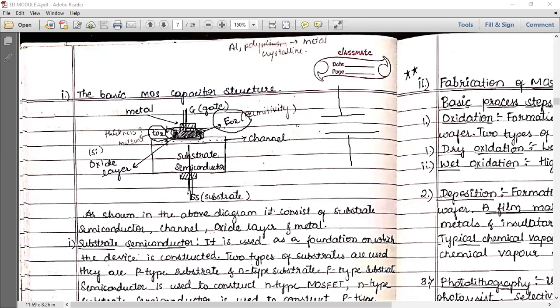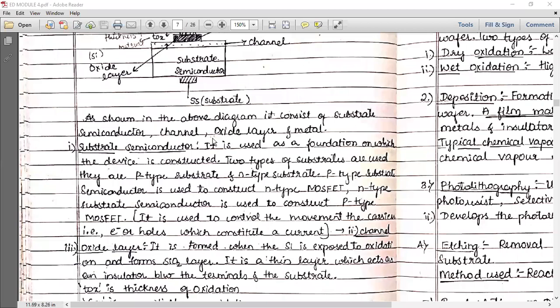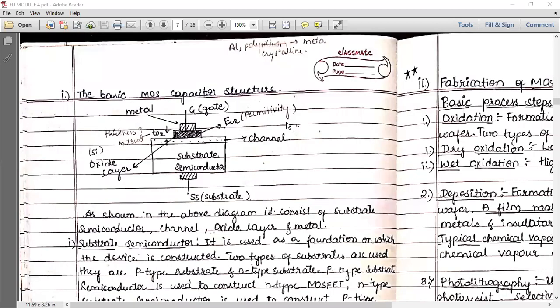The capacitance is offered because of the oxide layer, so the oxide capacitance is given by Cox equals epsilon x by Tox. Thus it depends on the oxide layer. From this we can say that the MOS structure can be used as a capacitor structure, which can be represented in an energy band diagram. That we are going to discuss in the next session.